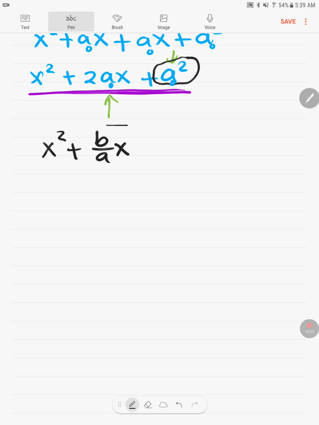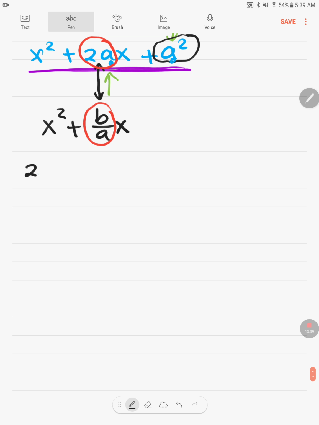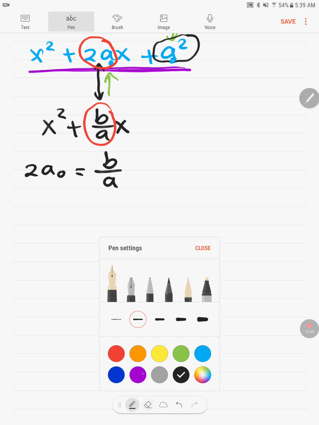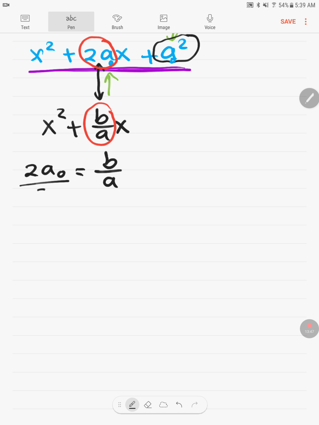So we have the coefficient of x, which involves these two factors, the coefficients of x. Now, this concludes that 2a0 is equal to b over a. Now, to solve for a0, we divide both sides by 2.